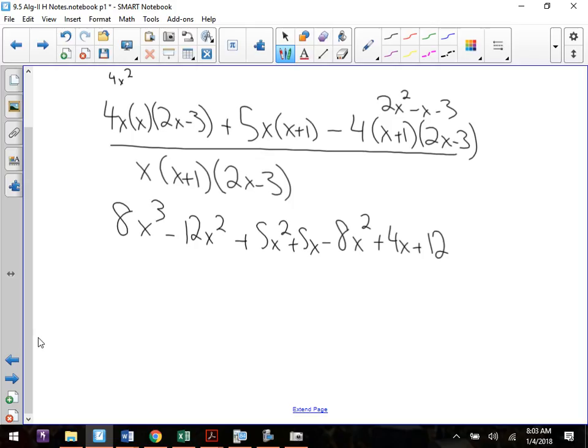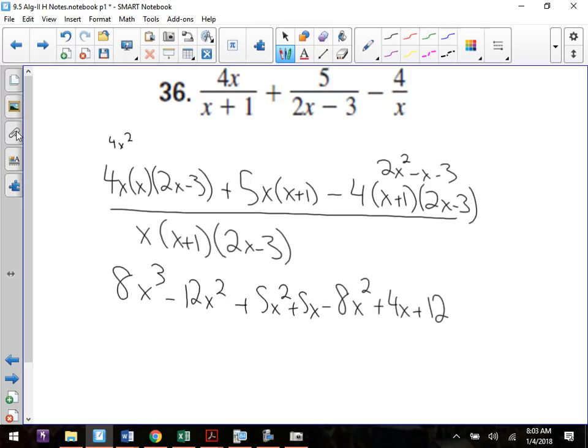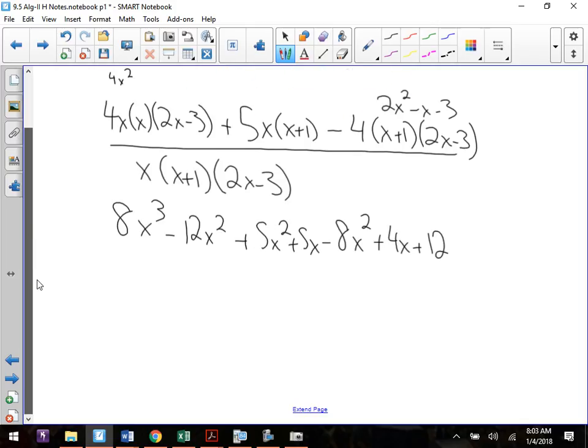Did I mess up? No, I could have. It was 4x, because even though that has the x in the numerator, it didn't have the x in the denominator. Oh, that's the other thing with some of these things. If you don't write down the problem correctly, it's awesome, isn't it? All right, so let's see. Here's my numerator.